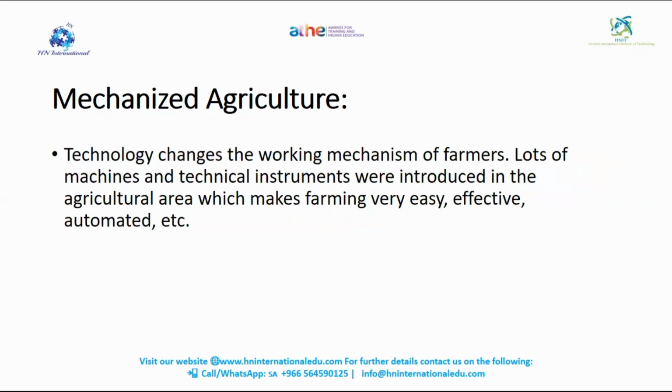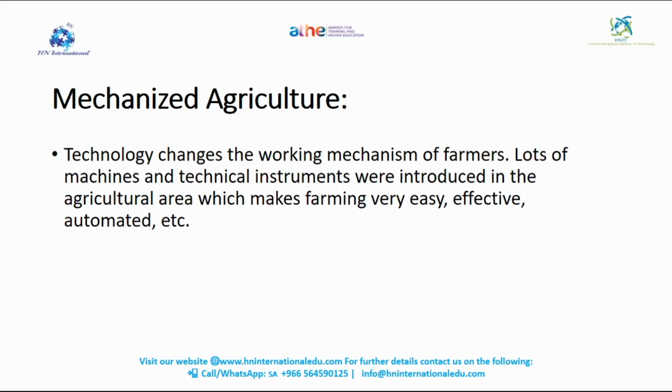Then we have mechanized agriculture. Technology changes the working mechanism of farmers. Lots of machines and technical instruments were introduced in the agricultural areas, which makes farming very fast, very easy, effective, and automated.